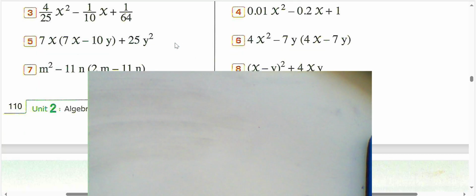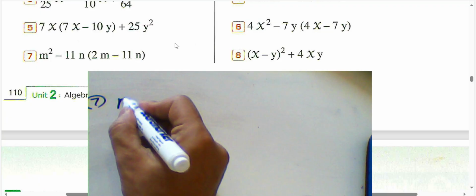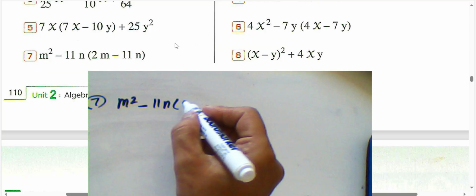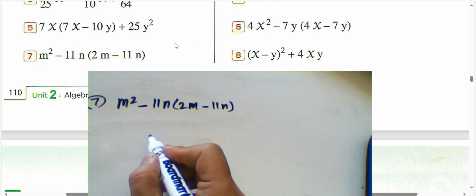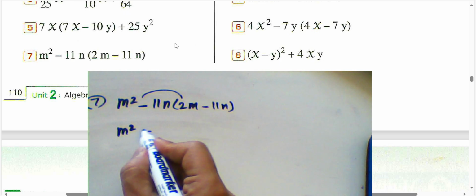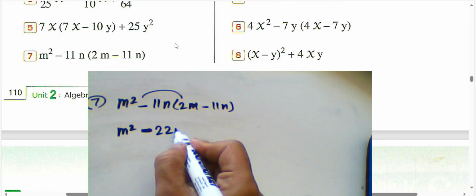Next section, number 7. m power 2 subtract 11n times (2m subtract 11n). Then we have m power 2, negative times positive negative. 11 times 2 equals 22 mn.